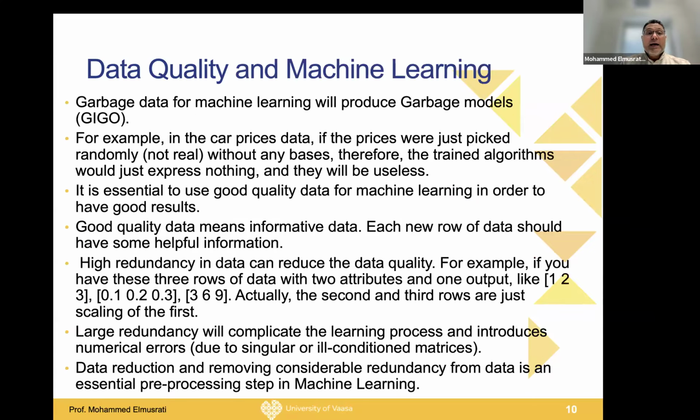So what kind of problems can be associated with data? We have different problems. First is related to quality. If you have huge data but highly redundant, it means that you repeat different things.